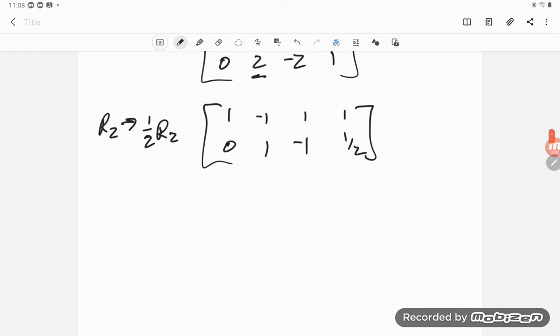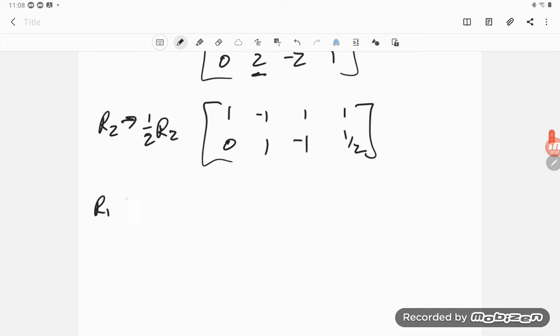Now let's add row 2 to row 1 and put that in row 1. So row 1 gets row 1 plus row 2. And so I get 1, 0, 0, and 3/2.